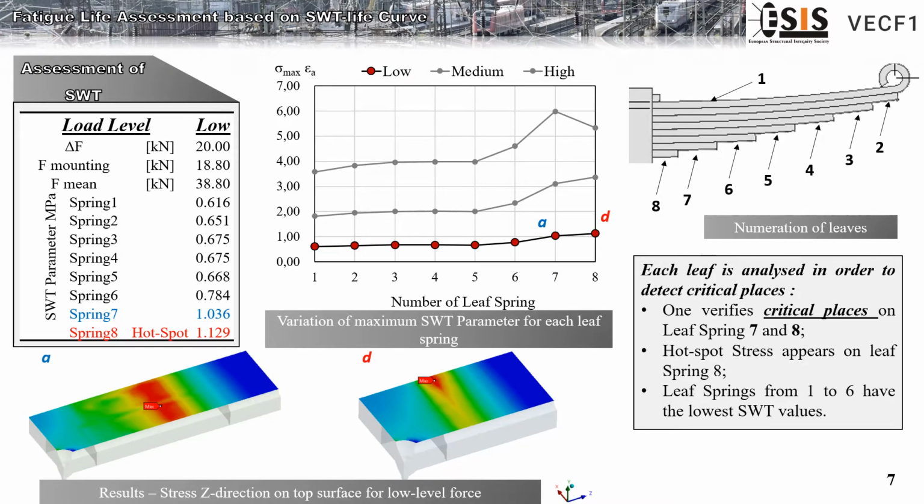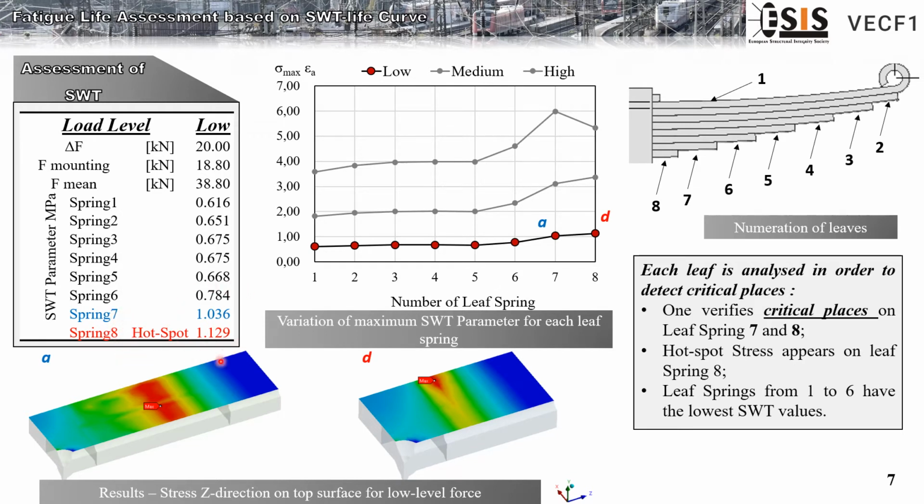Now we can analyze the fatigue behavior of each leaf spring for each loading level. First, we consider the low load level, and we are analyzing the SWT parameter, where we can see that the maximum SWT occurs for spring 8 and spring 7.